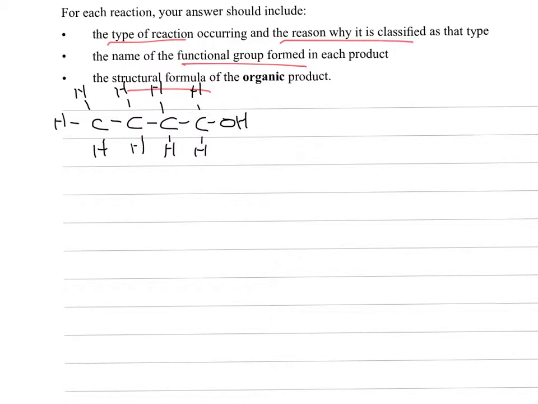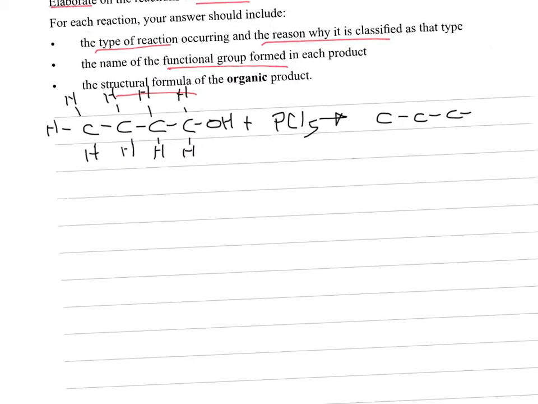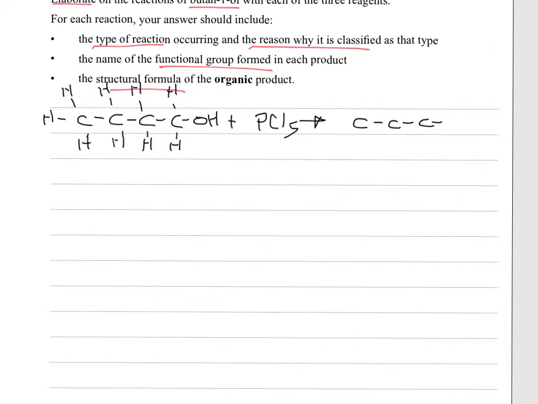Now, look, I can see the OH here. I can see that here is a molecule that has lots of chlorines attached to it. I've seen this one before. I know what's going to happen. It's going to produce the organic product here.